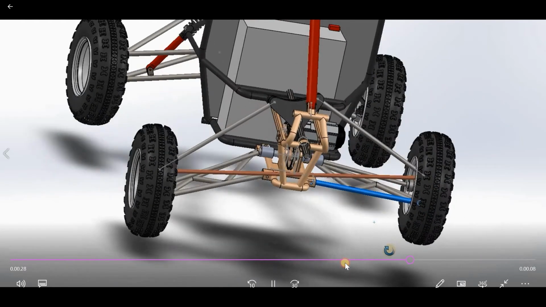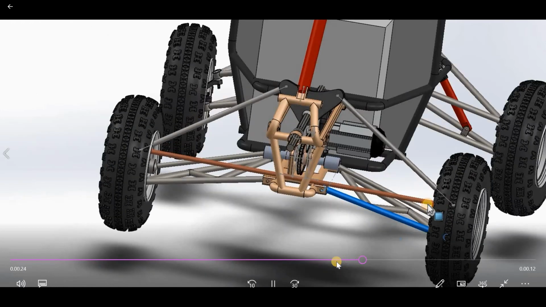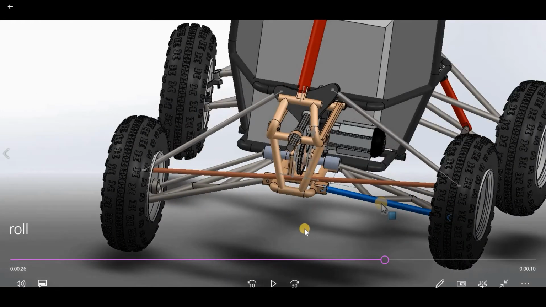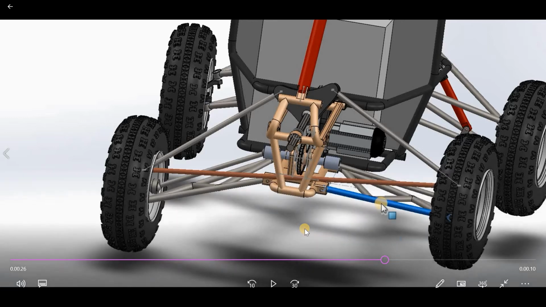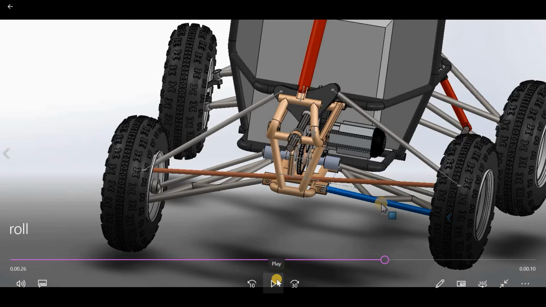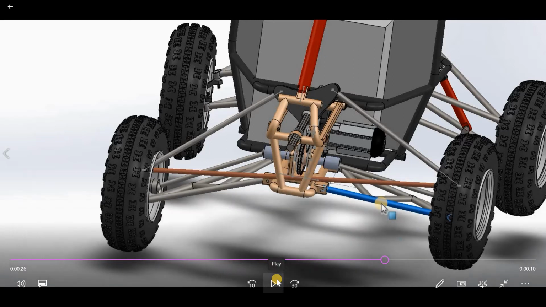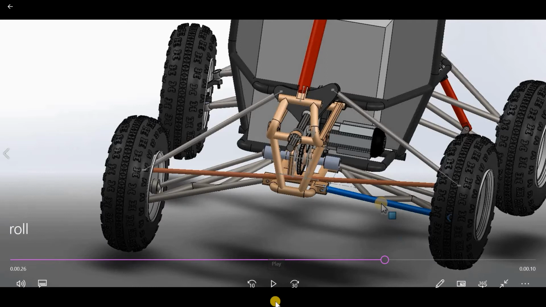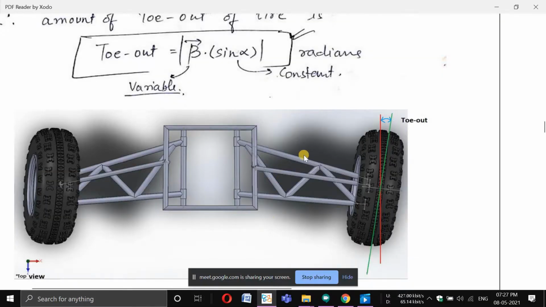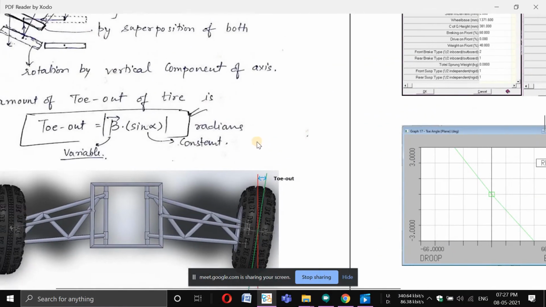The right wheel is going up and the left wheel is going down. So if beta for the right wheel is defined as positive, then beta for the left wheel will automatically become negative, and negative of beta sin alpha will give the turning in the opposite direction, which is desired. So both the wheels will turn by the same amount if the beta is the same. This was the basic concept.